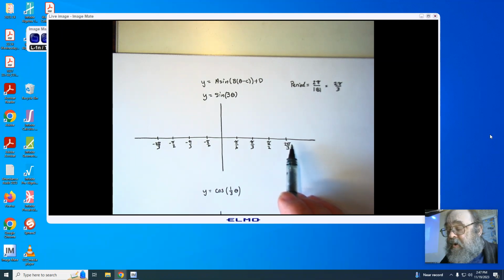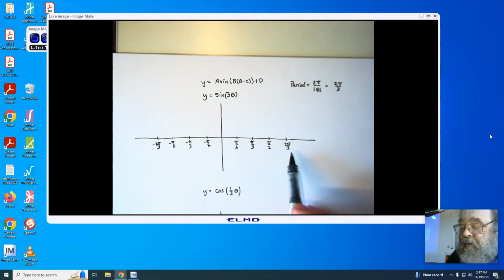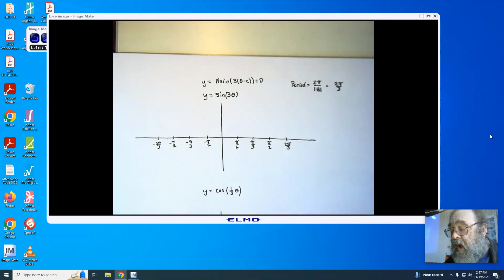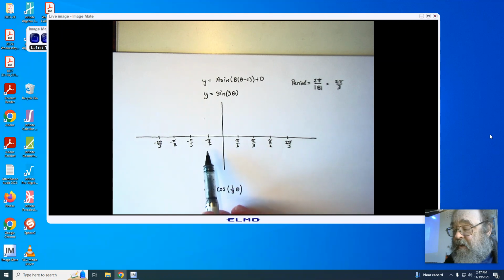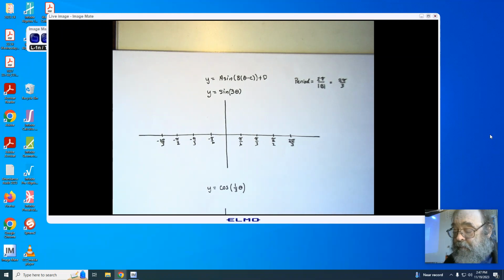We took half of 2 pi over 3 to give us pi over 3, half of pi over 3 to get pi over 6, and we added pi over 6 plus 2 pi over 6 to get pi over 2. Once we had the values, we then went in the opposite direction, and we ended up with negative pi over 6, negative pi over 3, negative pi over 2, and negative 2 pi over 3.